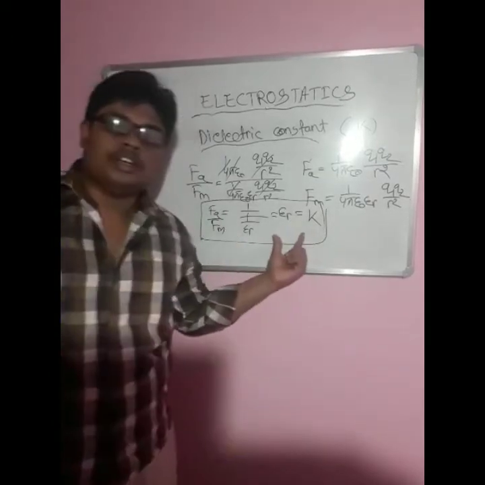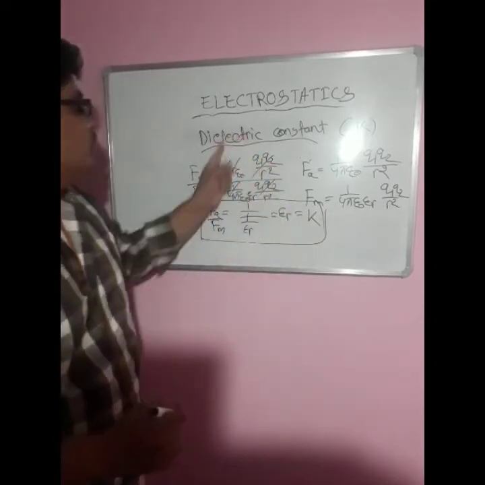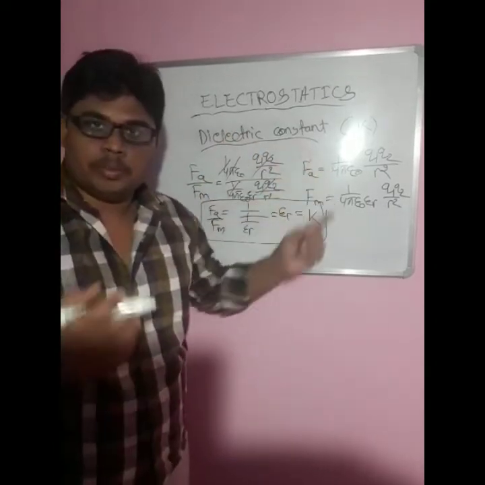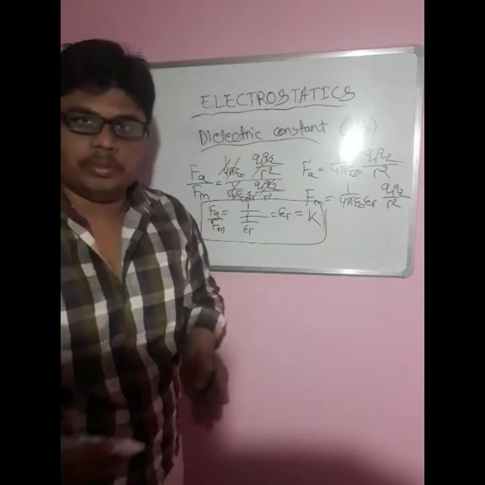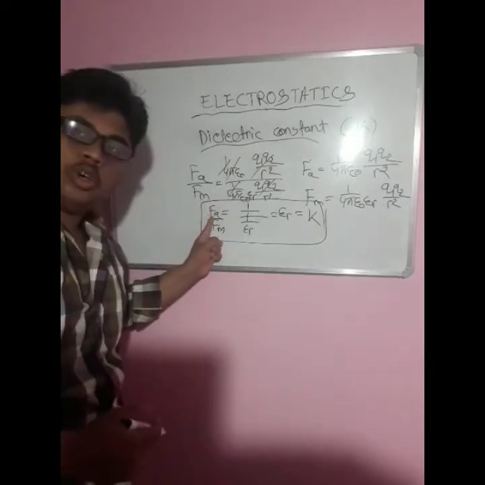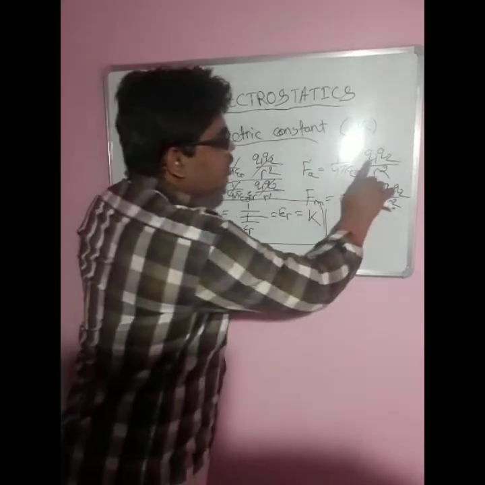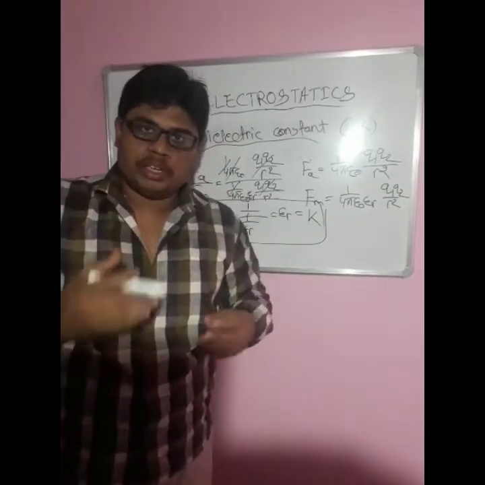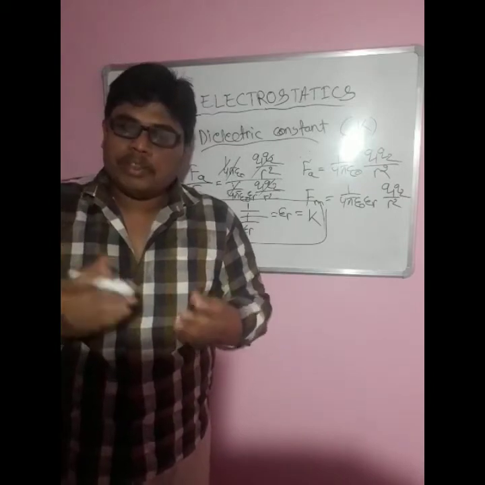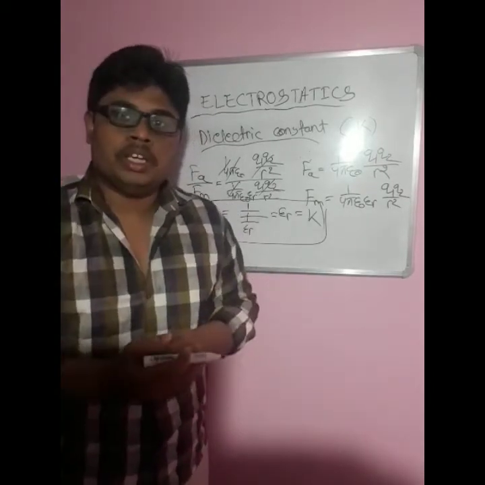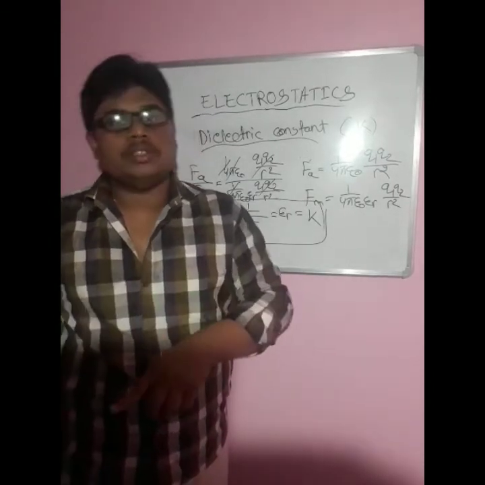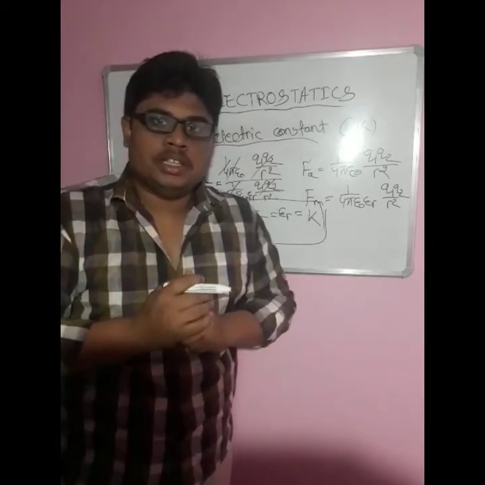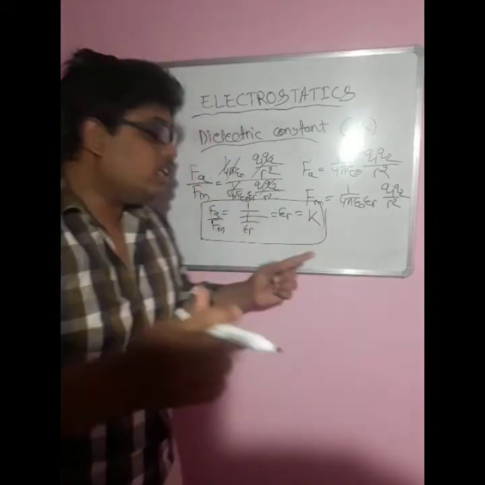See, here the definition comes. The dielectric constant of a medium is defined as the ratio of the force exerted between two charges having some distance in free space to the force exerted by the same two charges at the same distance in a medium.